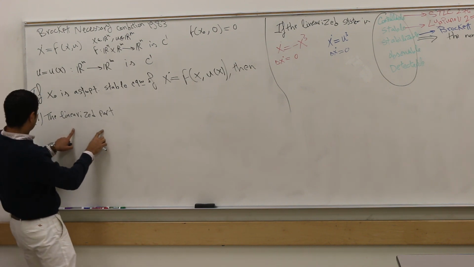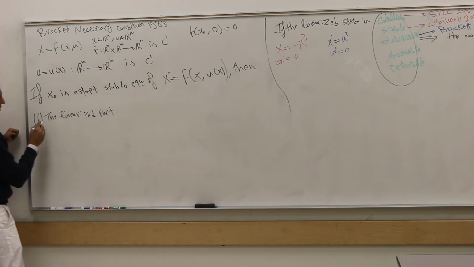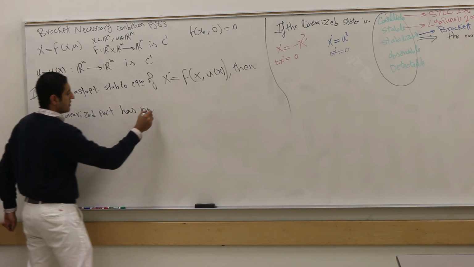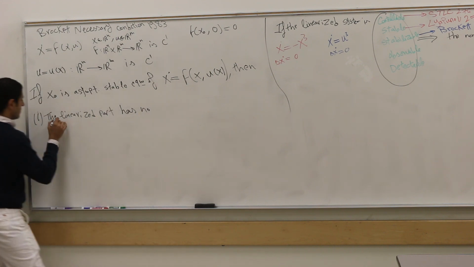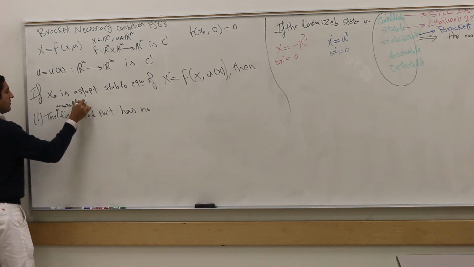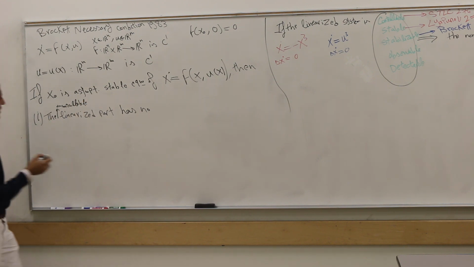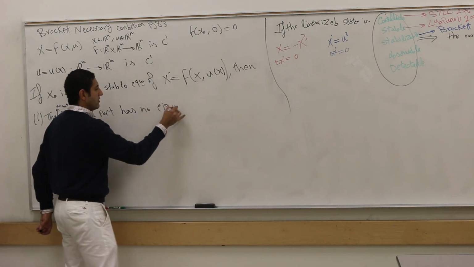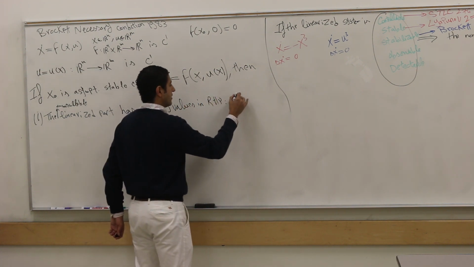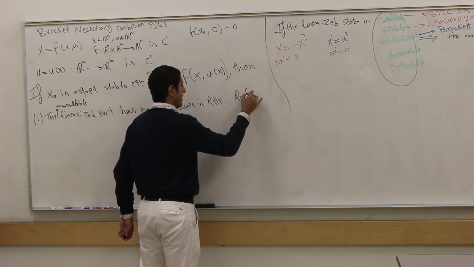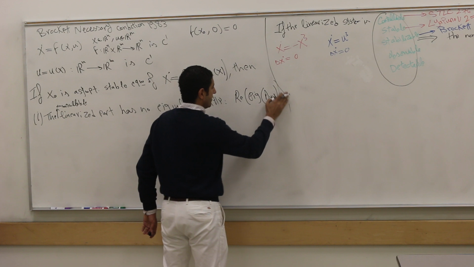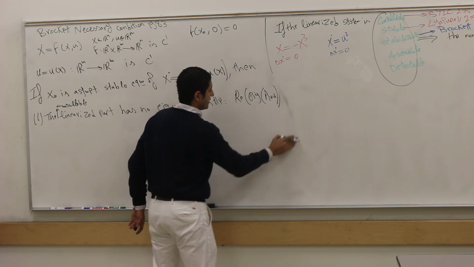So the uncontrollable linearized part has no eigenvalues in the right half plane. The real part of the eigenvalues of A_UU after you linearize must be what?